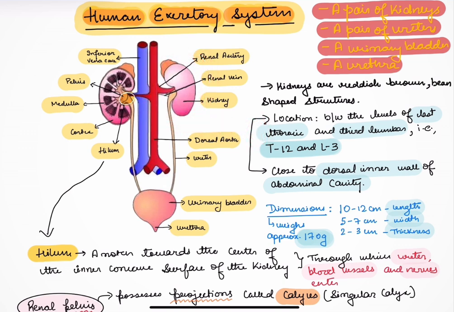Now let's focus on this diagram over here. We have a pair of bean-shaped kidneys, obviously, and above the kidney, here we have the adrenal gland or the suprarenal gland. We'll discuss more about this in the chapter Chemical Control and Coordination.